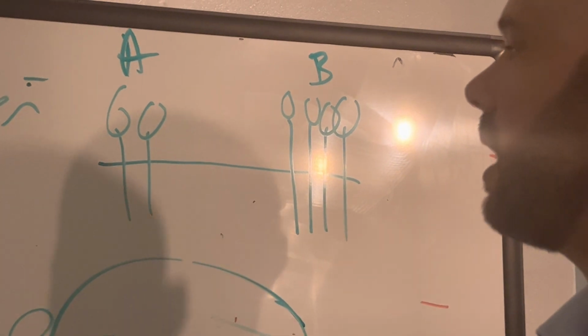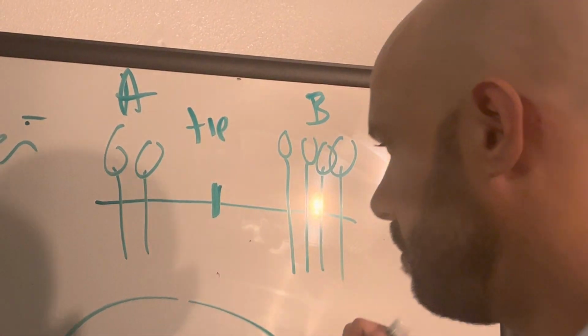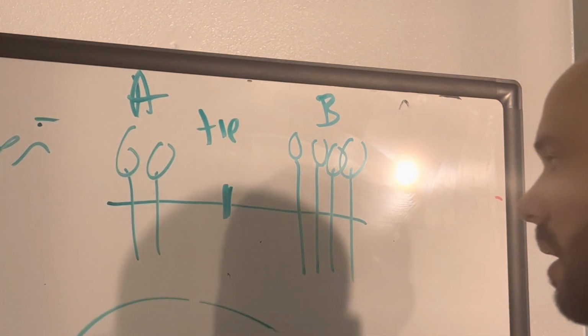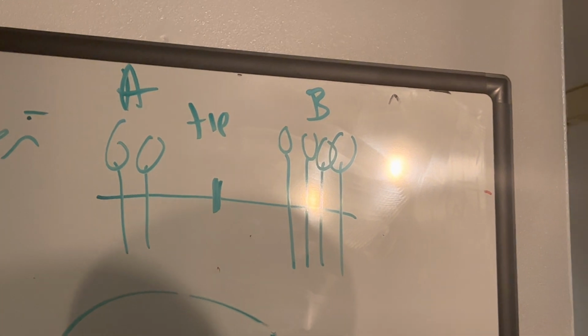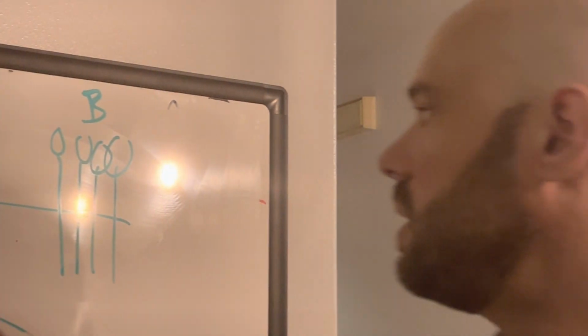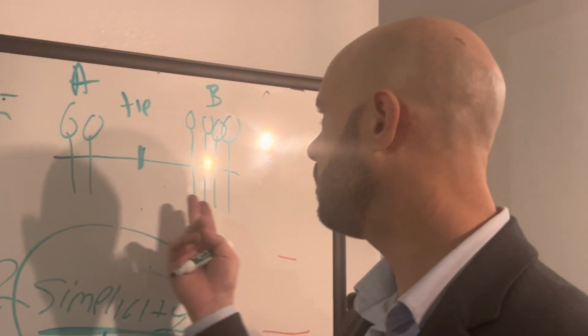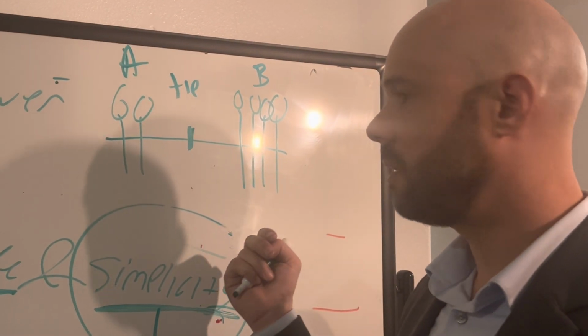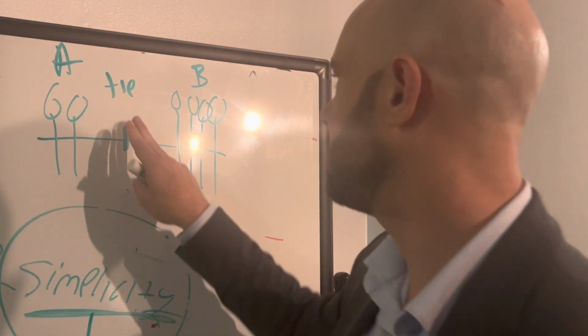Now imagine that there's a tie. If there's a tie, then which one of these teams is stronger, or more powerful, A or B? Well, that's kind of a tricky question, right? Let's ask it a different way.